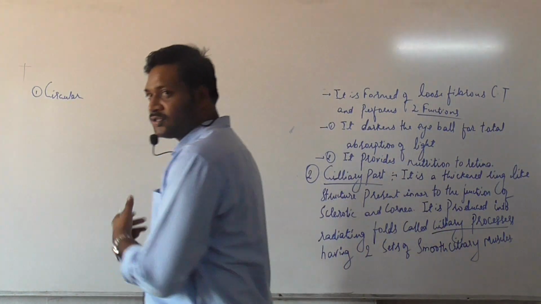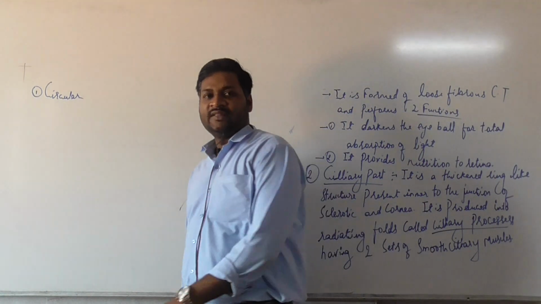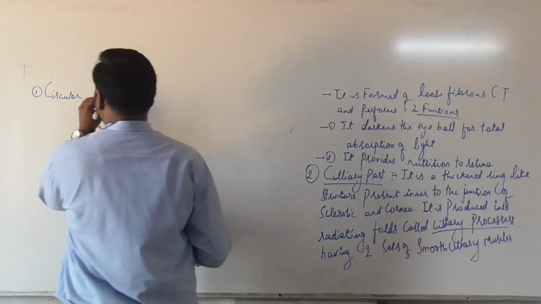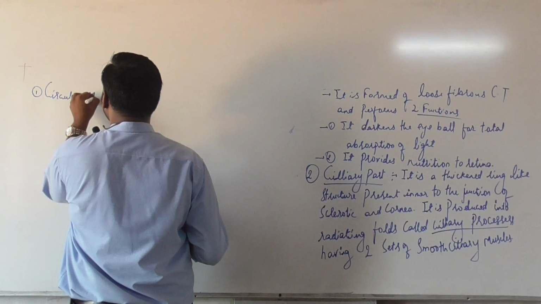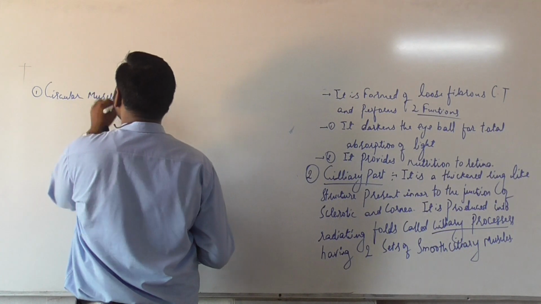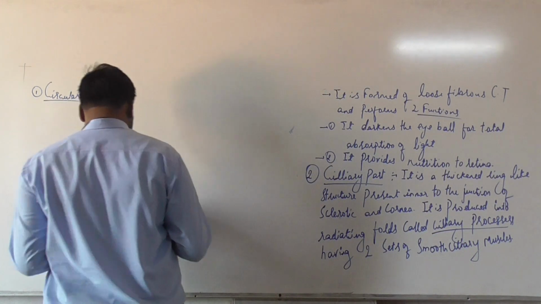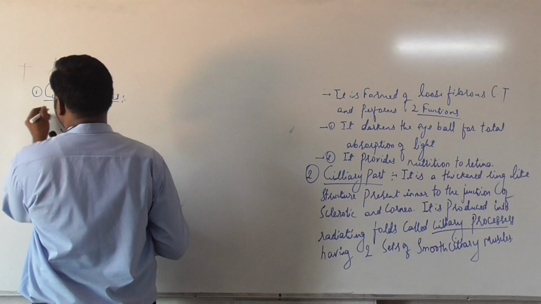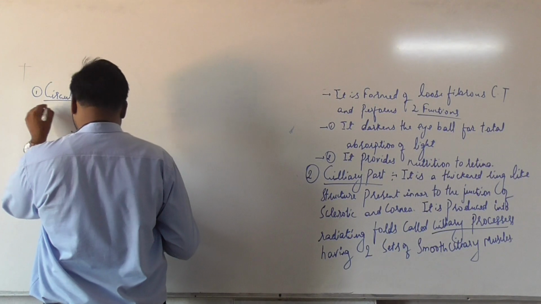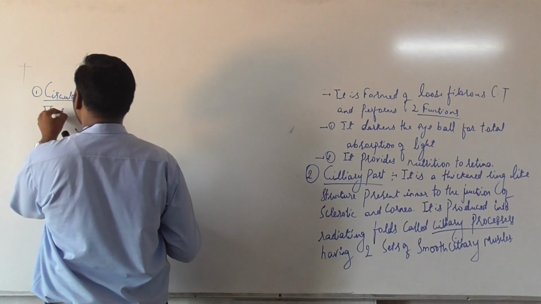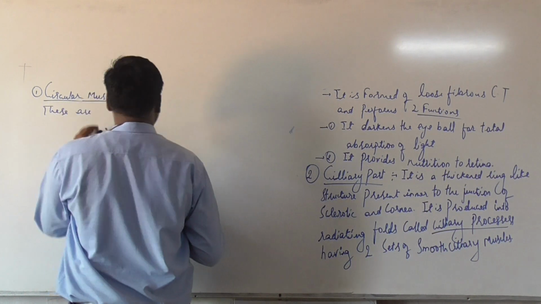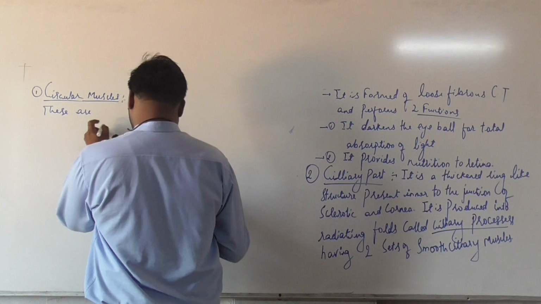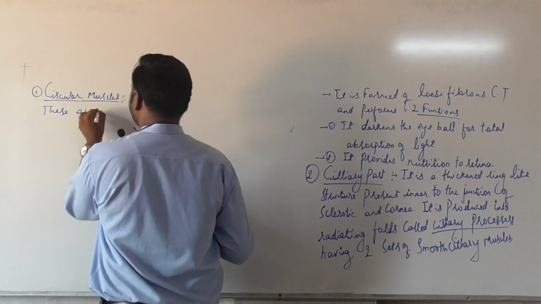That is, we have two sets of ciliary muscles, and the first set is the circular muscles.